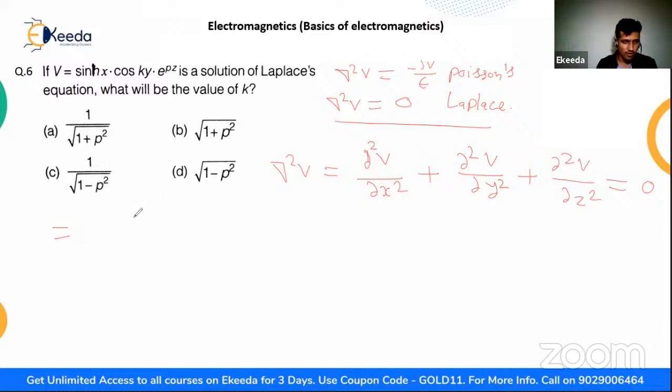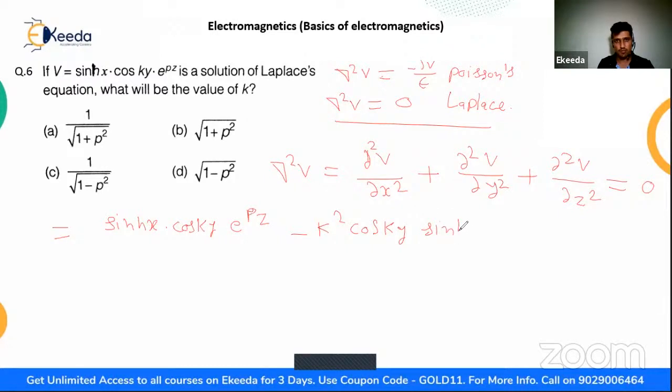So this will be sine hyperbolic x cos ky e power pz for the first term. With respect to y, the differentiation of cos is minus sine, and of sine is cos. This k square will come out, so this will be k square, and then again it will become cos ky, and everything will be the same because sine hyperbolic x will be treated as constant. The other variables, because we are doing partial differentiation, sine hyperbolic x and e power pz, will be treated as constant.